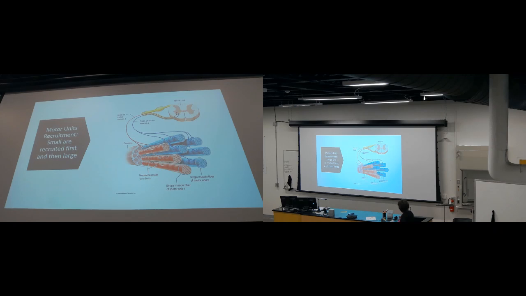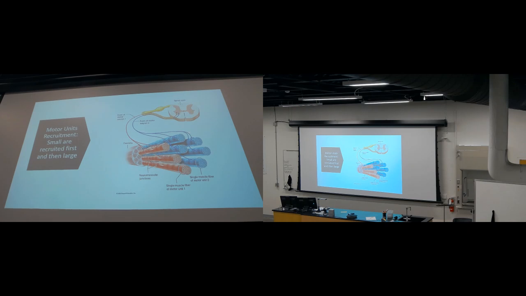So, which one has the small motor unit? Neuron 1 or neuron 2? Which is the smaller motor unit? 1 or 2? 1, because it controls 3 muscle fibers, and this one controls 5 muscle fibers.